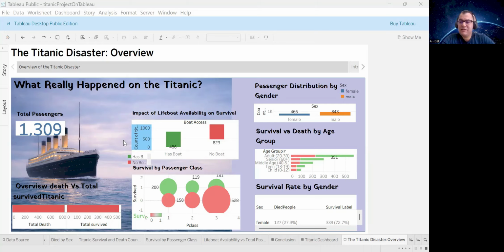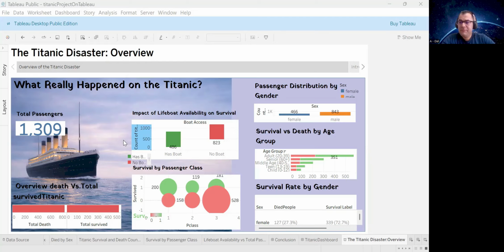The data contains information about passengers on the Titanic, including name, age, gender, passenger class, survival status, and other details. This data set is widely used in data analysis and machine learning because it helps researchers study patterns related to survival.